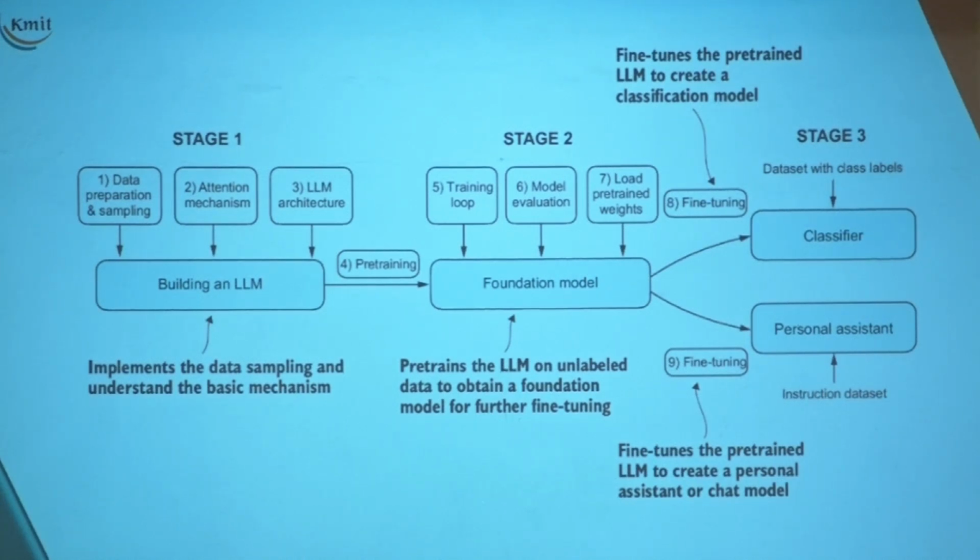Let's look into the steps in each stage and understand how the transformers are actually developed. Okay. Now when we look into stage 1, what is step 1? Data pre-processing and sampling. What is this data pre-processing? The data that we usually get is very raw and unstructured, right?